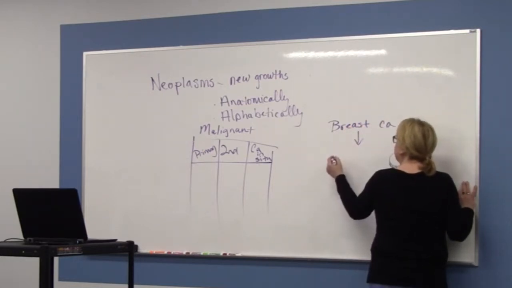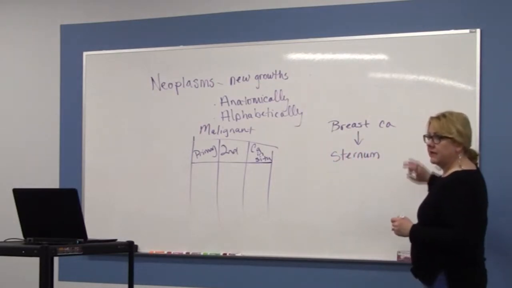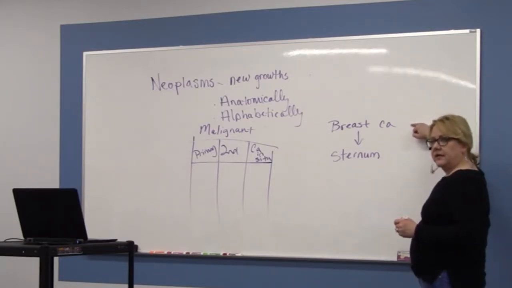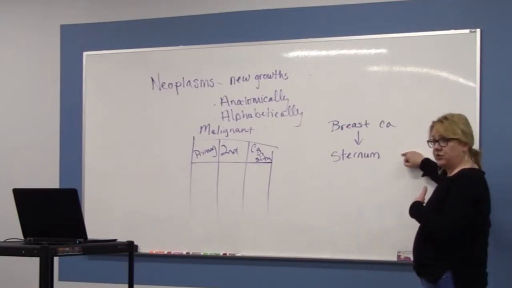Say it spreads to my sternum, my bone. I've got two kinds of cancer. My primary cancer is breast. My metastatic cancer, my secondary cancer, is bone cancer, specifically in my sternum.